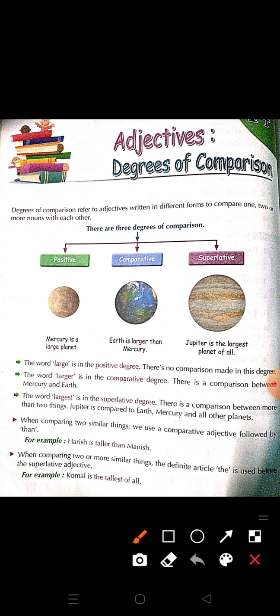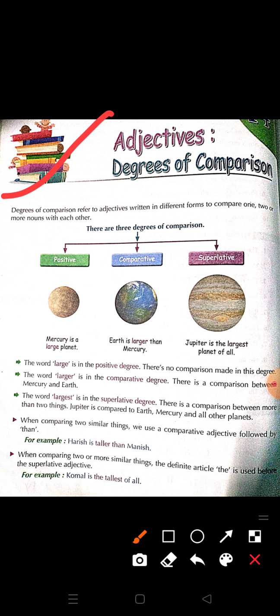Degrees of comparison refer to adjectives written in different forms to compare one, two, or more nouns with each other. So we use degrees of comparison to compare two nouns or more than two nouns. To make a comparison between things, we use degrees of comparison.